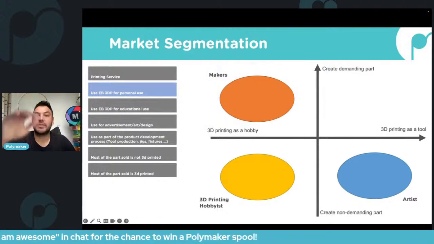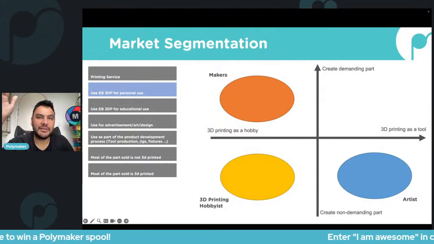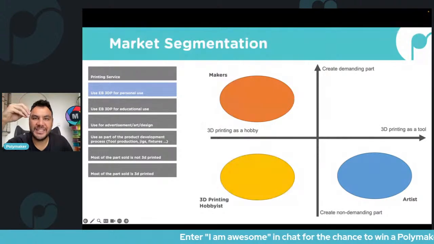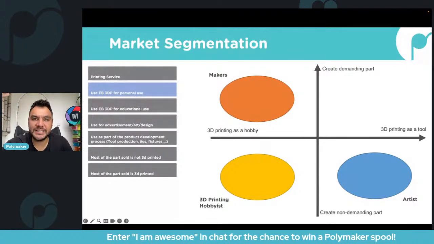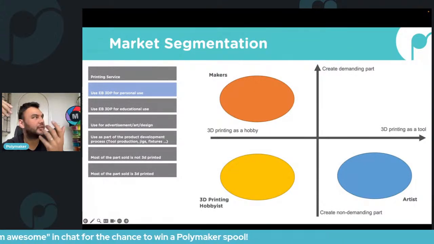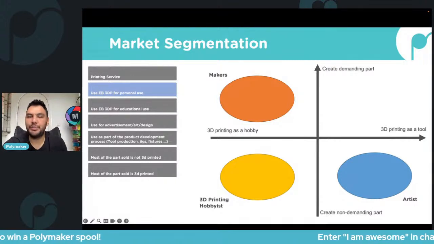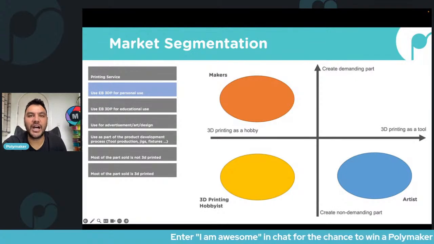I don't know him personally, right? But I think he enjoys the designing process and having the real part in his hand much more than the printer itself. So I would call him an artist.